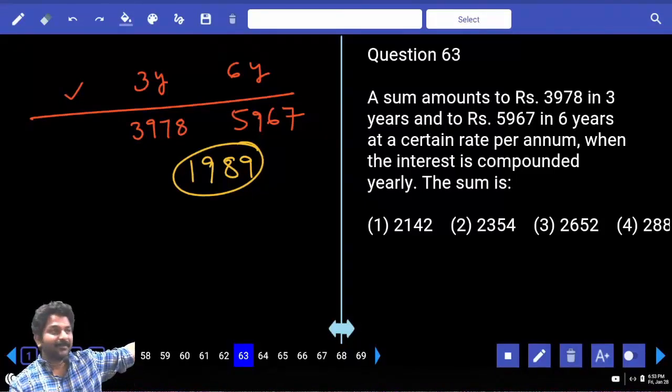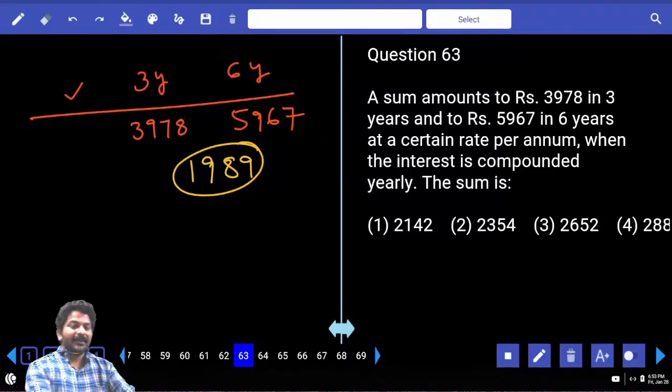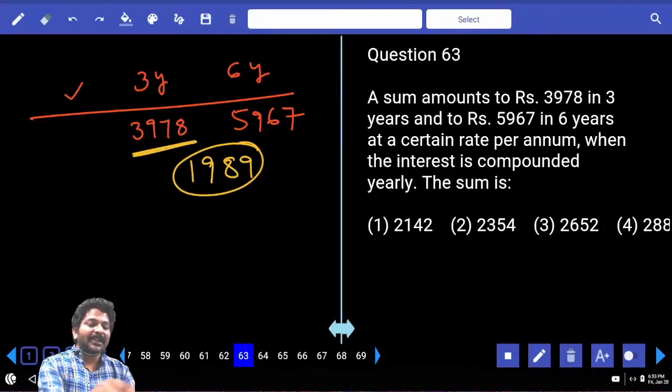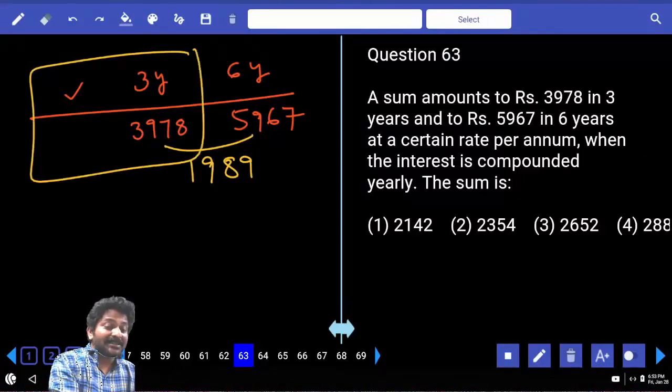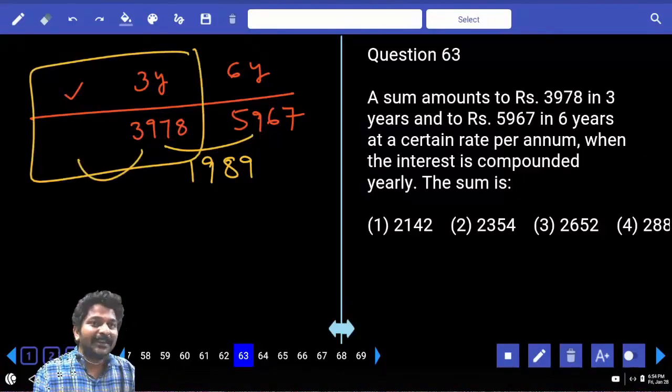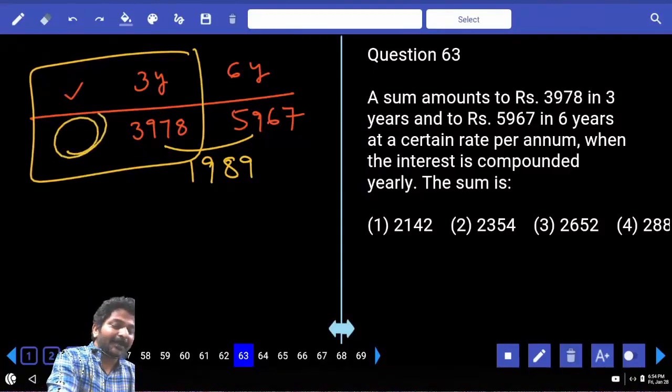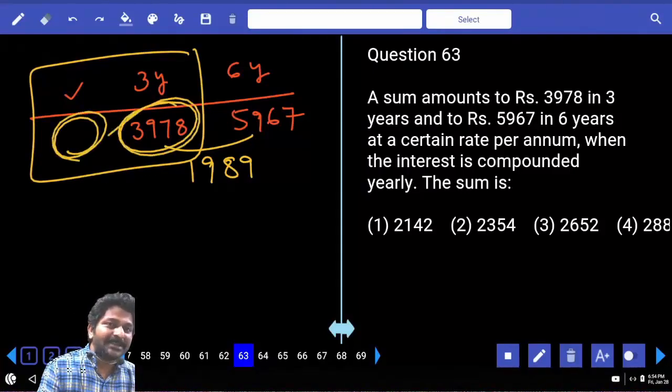Half. Exactly half of 3978 is 1989, right? So if it is half increasing, between these two numbers also a half increase must be there. 50%, right? If it is 100%, this becomes 150%.